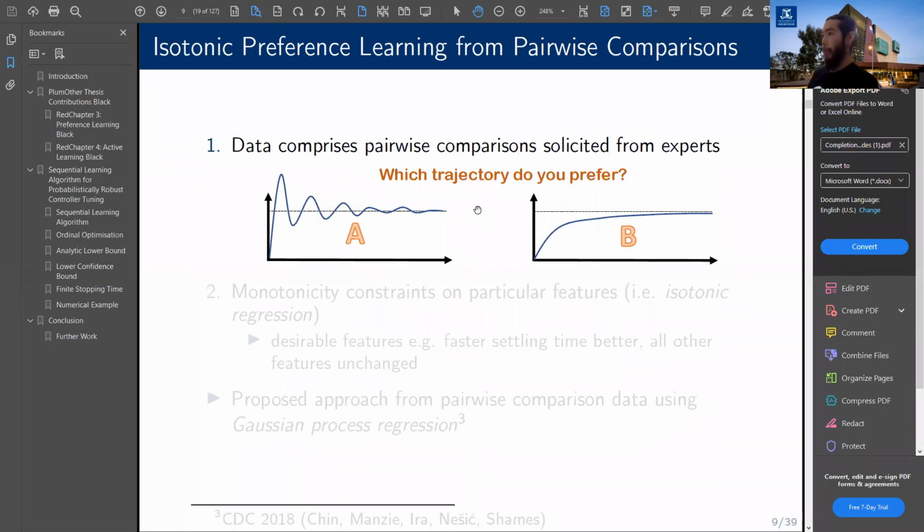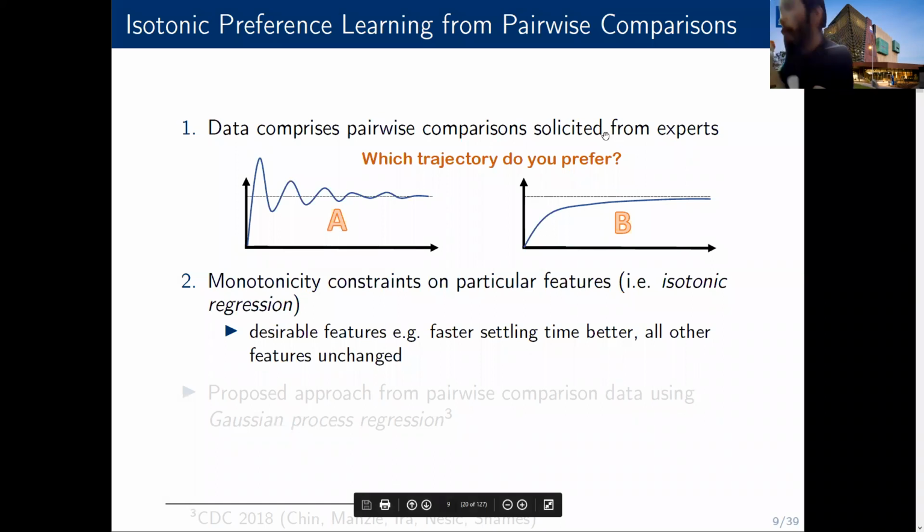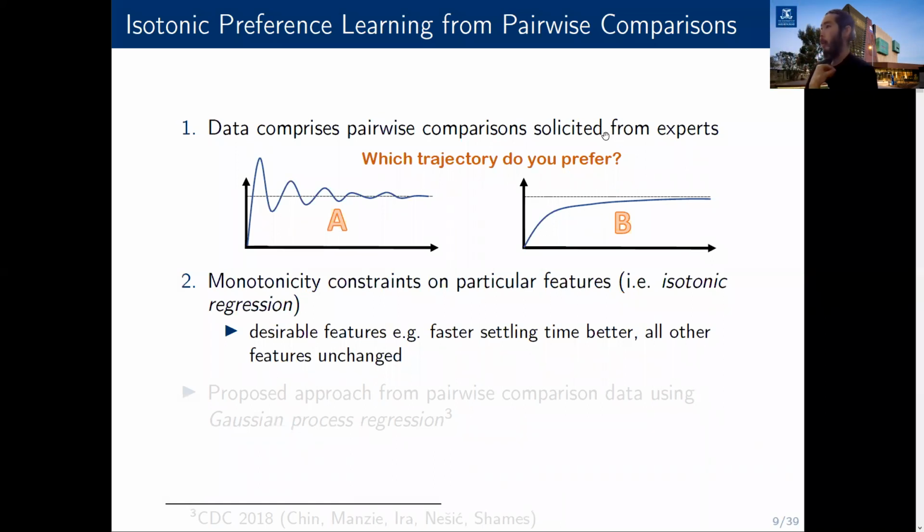The second thing is that we have some monotonicity constraints on particular features. The reason I want to do this, to give an example, is we might have some knowledge that some features are more desirable than others.